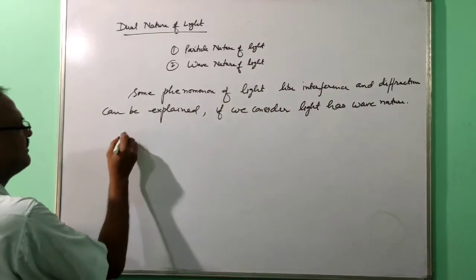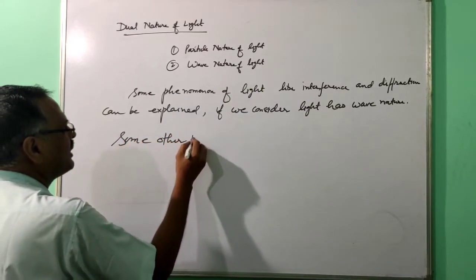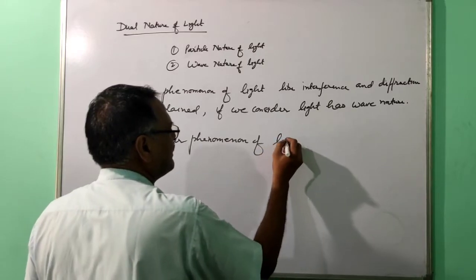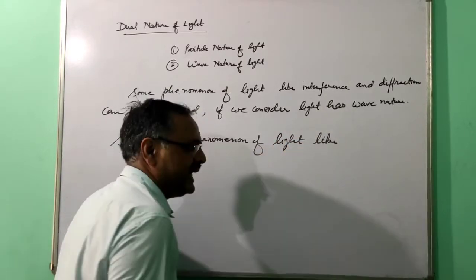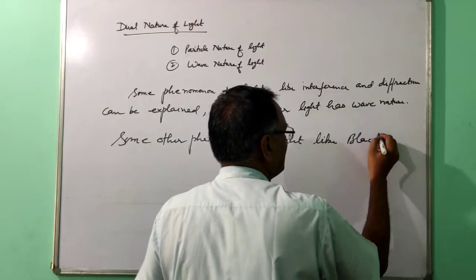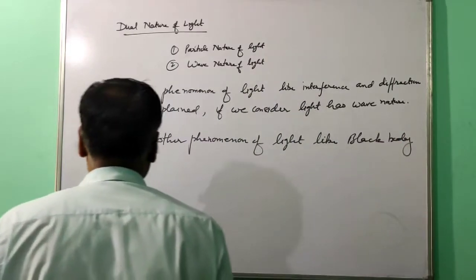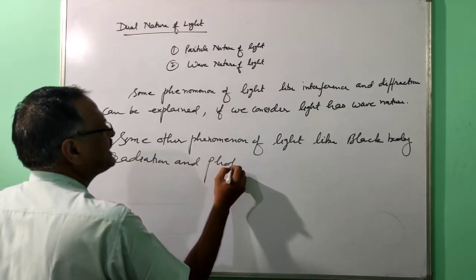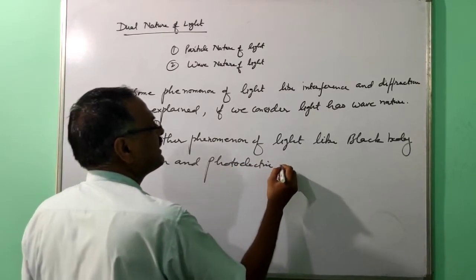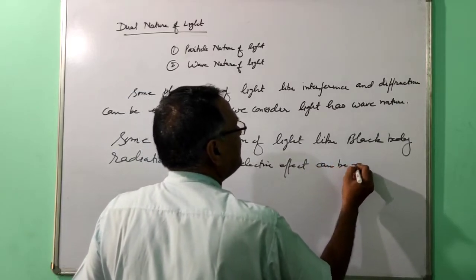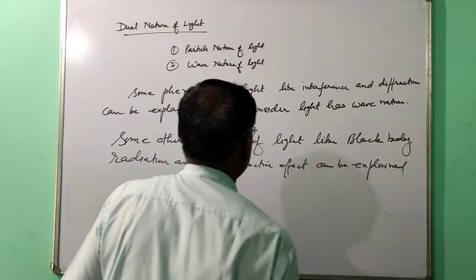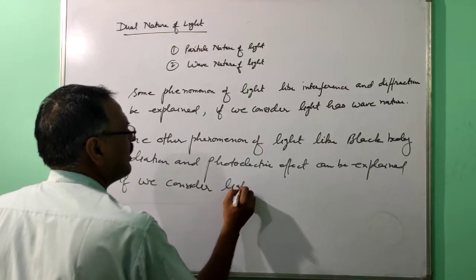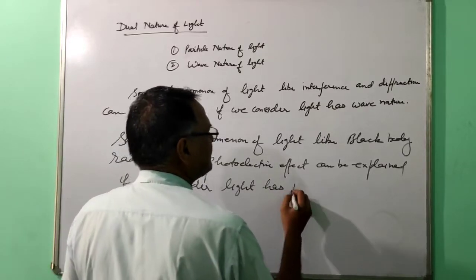But some other phenomena like black body radiation and photoelectric effect can be explained if you consider that light has particle nature.